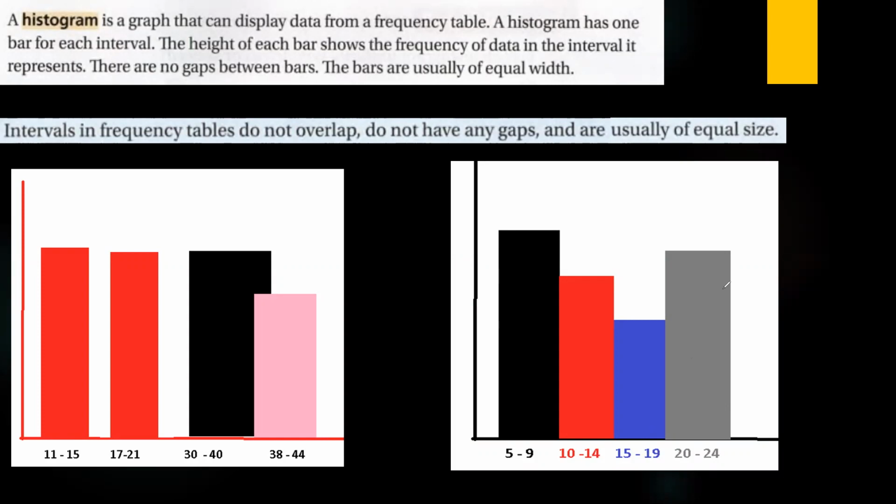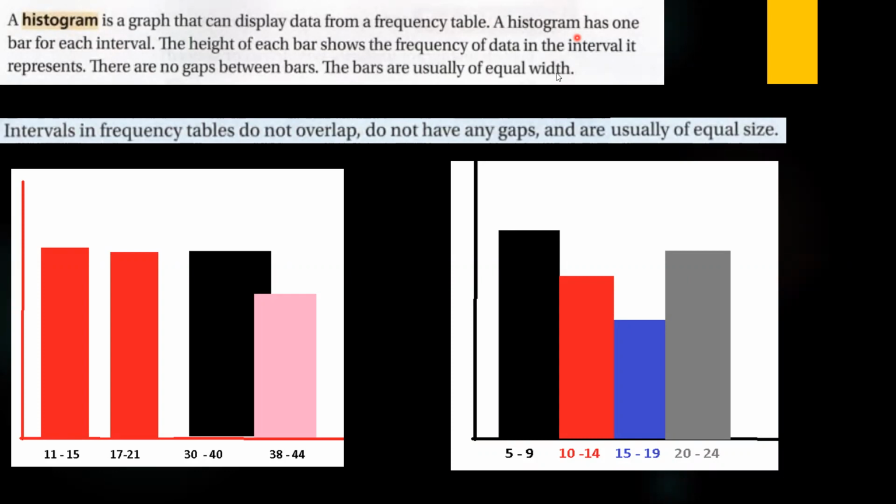But be careful here if you want to draw the bar graph. Do you remember that I told you before that the intervals in a frequency table do not overlap, don't have any gap, and usually have equal size? That's when we make the table.